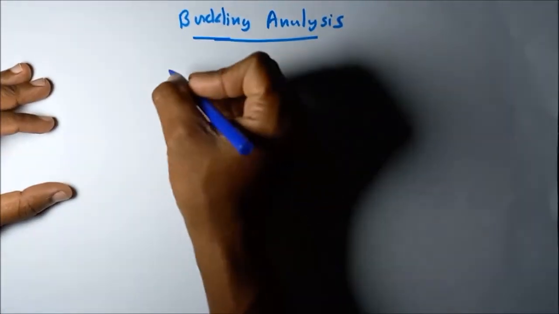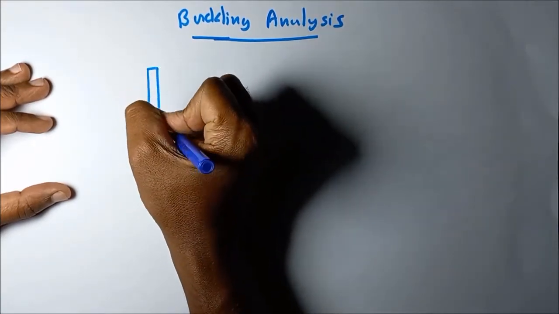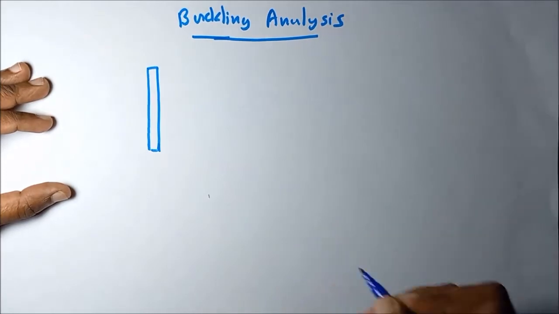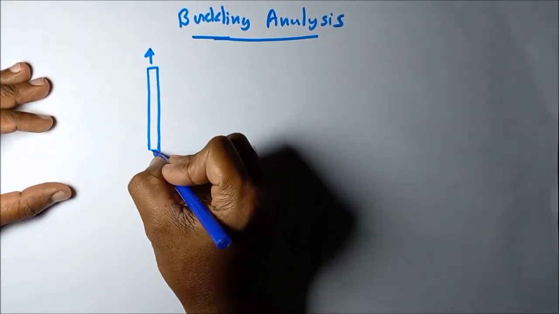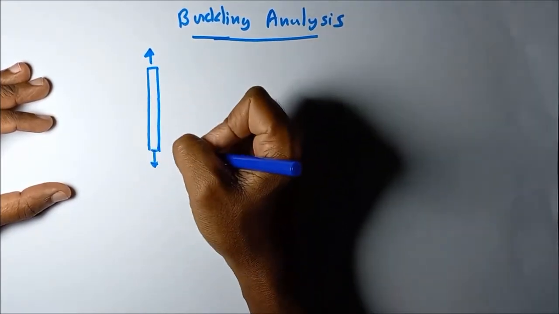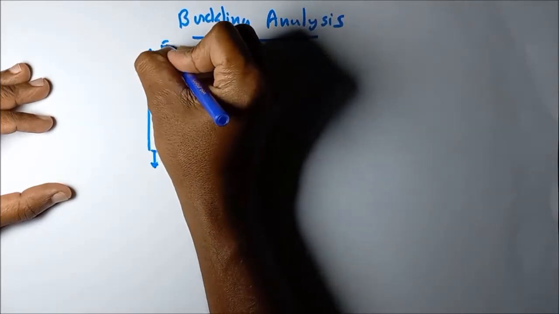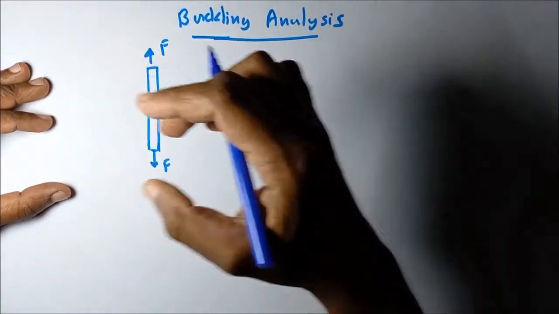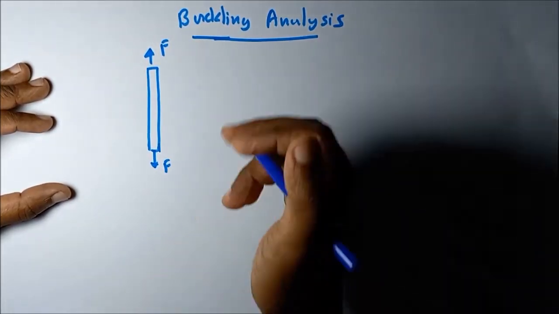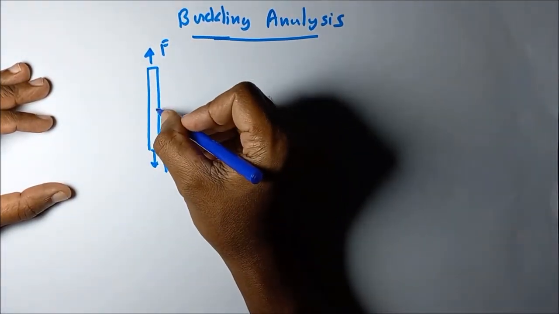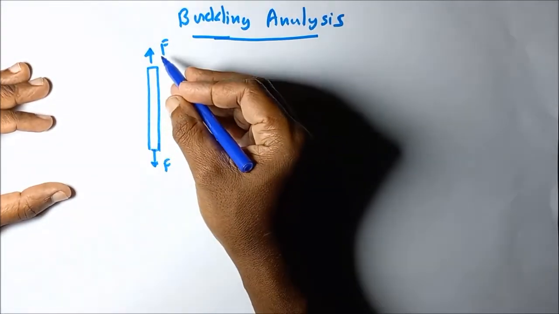If we take a certain slender element, a uniform cross section bar element, subjected to tension, with two forces acting at the two ends of the bar, how will this element fail due to this tension?